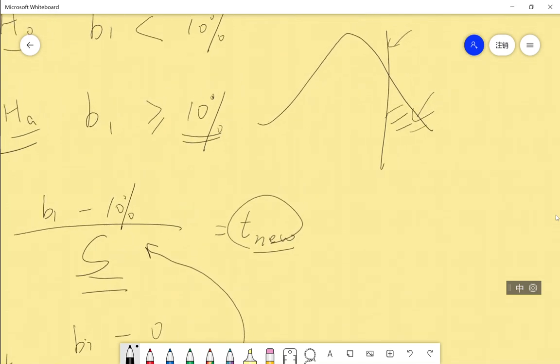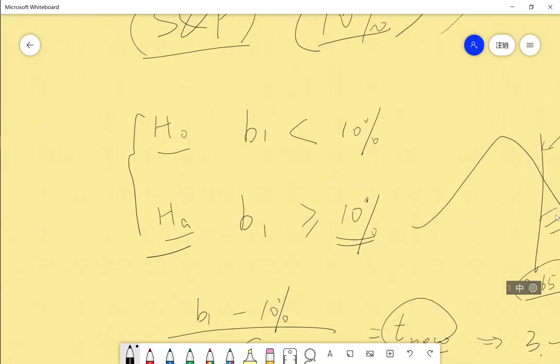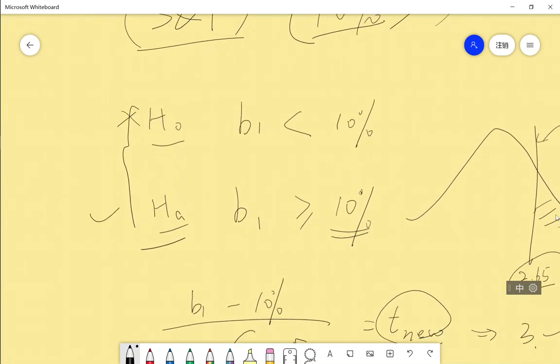And you can use this t statistic. For example, if you check all these numbers, you find the critical value is 2.65. I don't know, I just wrote a random number here. All right. And the t statistic says that it is 3. So you get into the range of the rejection area, which means that you're going to reject the null hypothesis and accept the alternative hypothesis.